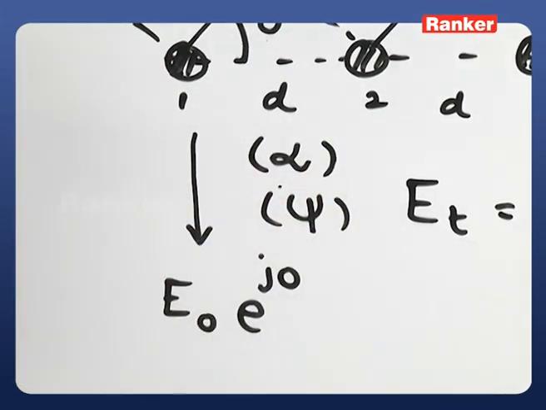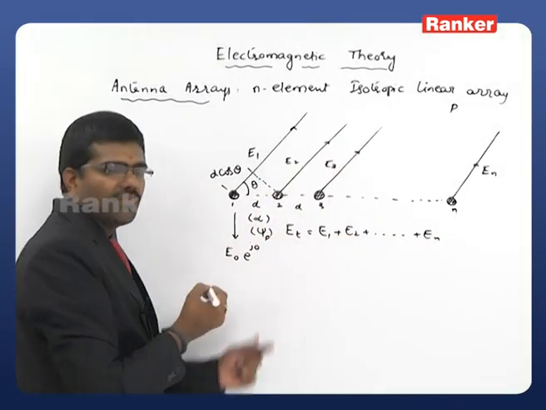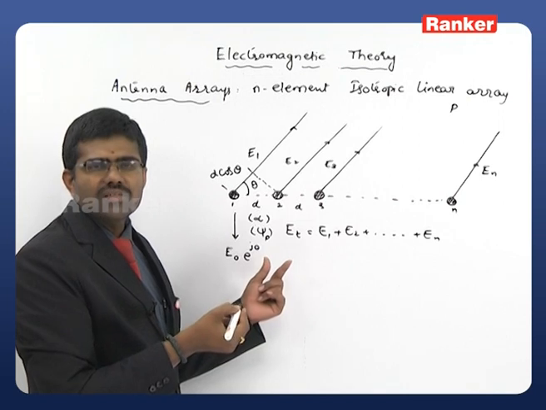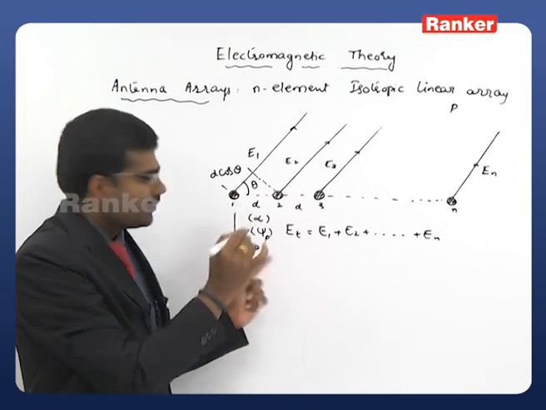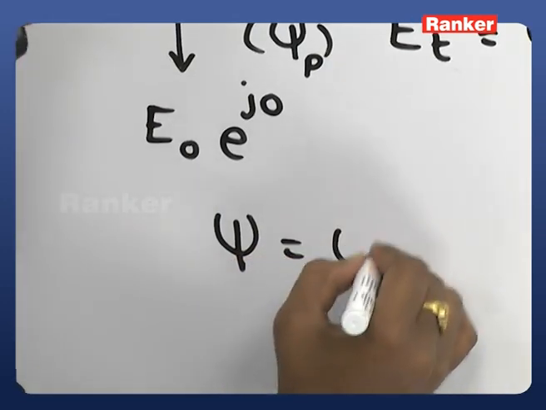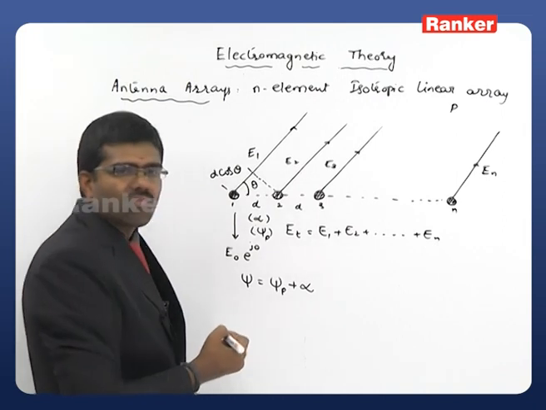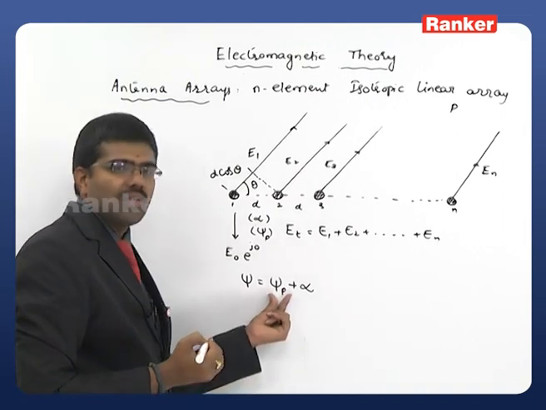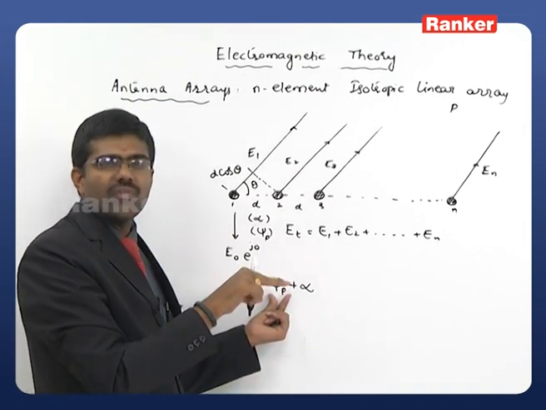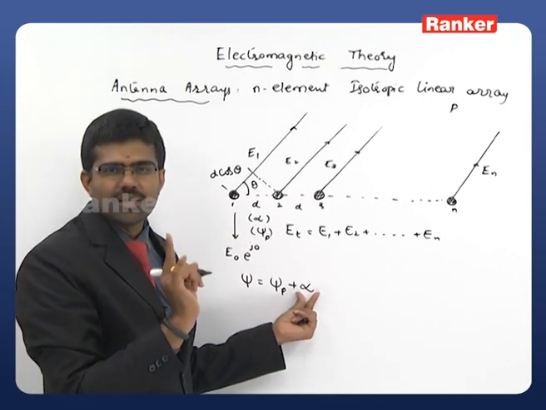Now what I do is this. I will consider this one with suffix p. It represents that it is because of the path difference. So the total phase difference psi is equal to psi p plus alpha. That is, this psi p is nothing but the phase difference because of the path difference, and this alpha is the phase difference which I am inducing initially, right?